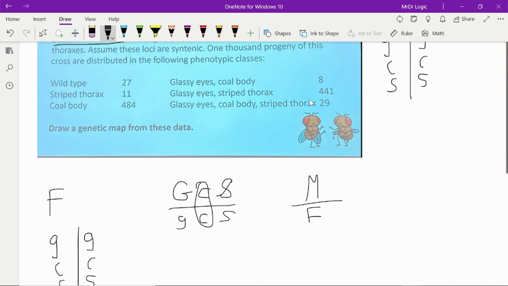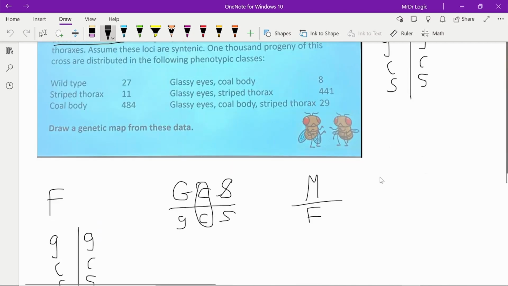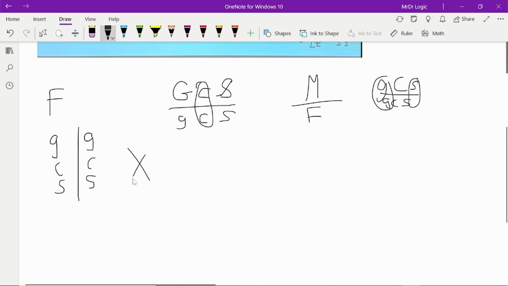Now we have the second version of the mother gene. We can obviously tell what that is. And since we have been given that it is heterozygous, it would be small g, big C, small s, and then G, C, S again, mother, father, these two combine. And then we have now figured out what the mother's genotype looks like.